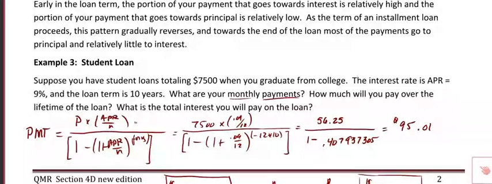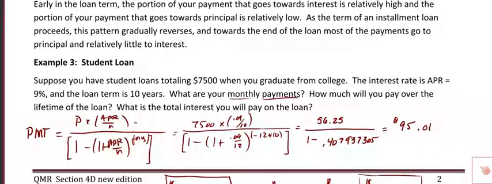So let's sprinkle in the $7,500 for principal, 0.09 for APR, 12 for N, and 10 for Y. Use your calculator, and do one little piece at a time. The numerator is 56.25, and the denominator is 1 minus 0.407937305.